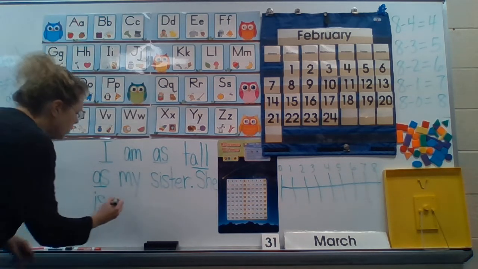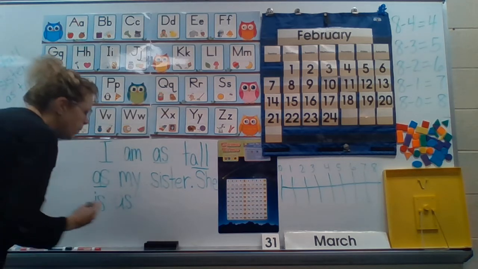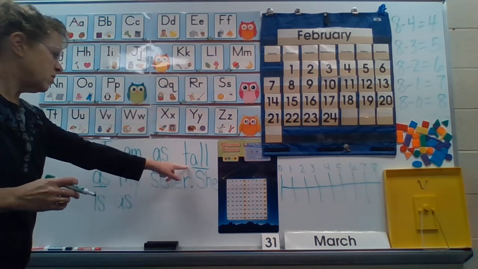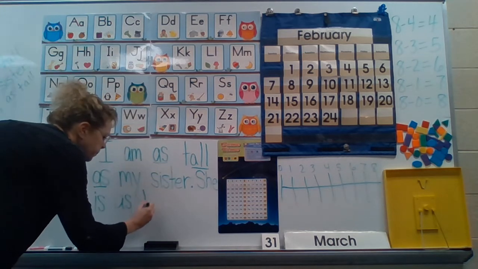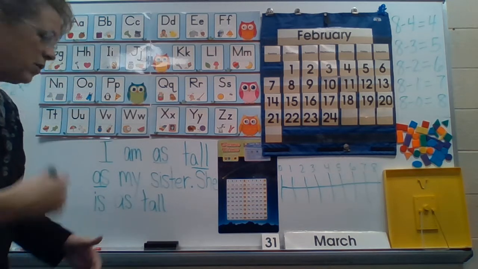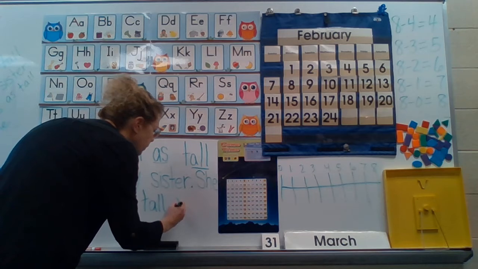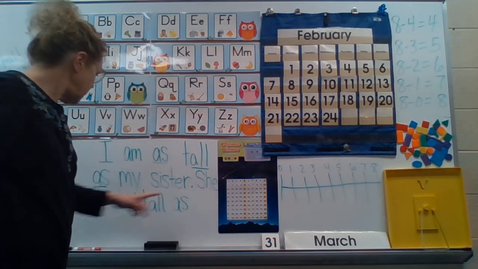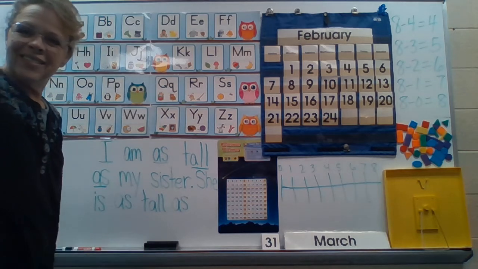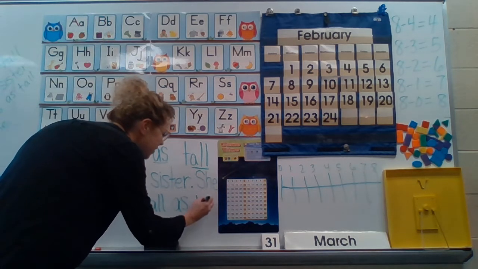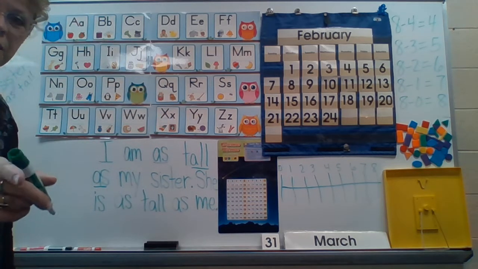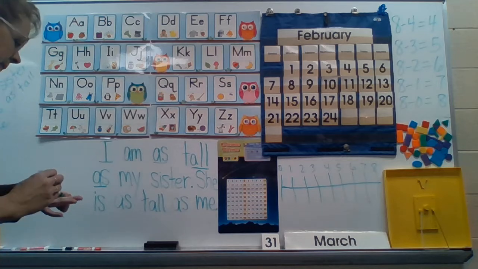Then our new sight word, as. She is as, and we're going to write tall again, and it's already up here. And then we have to say as again, because we're going to compare. She is as tall as me. M-E. Don't forget your period. All right?